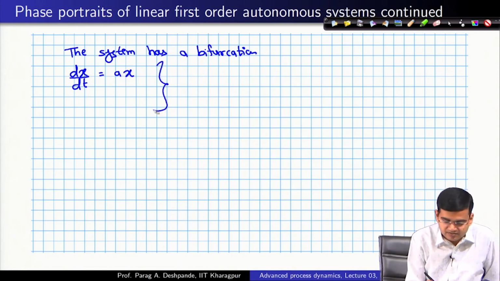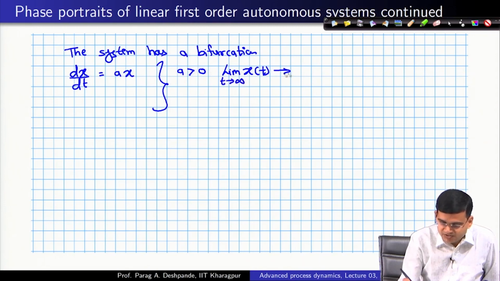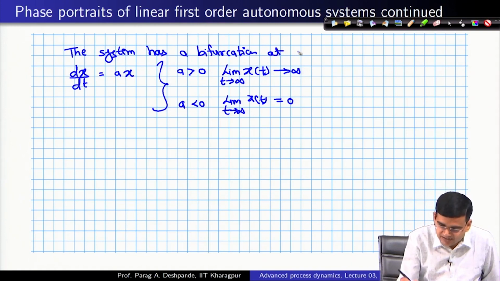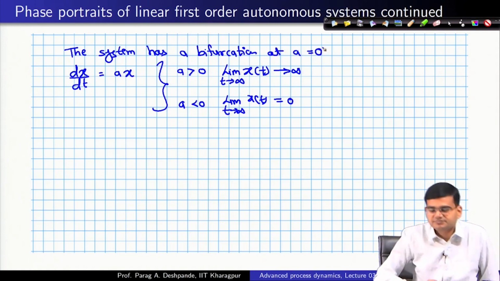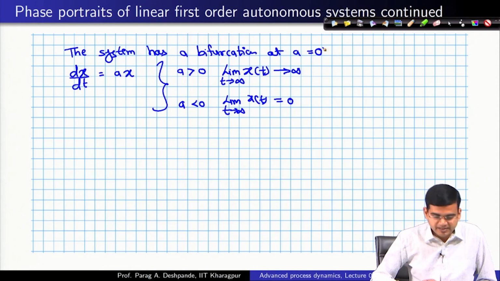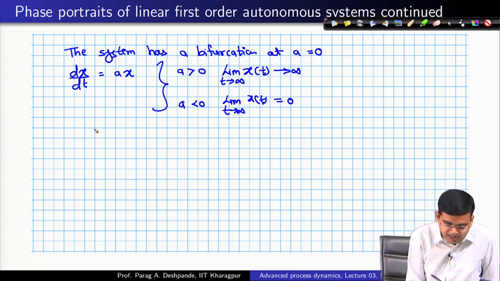For a greater than 0, the limit of x(t) as t tends to infinity is infinity, and for a less than 0, the limit as t tends to infinity of x(t) is in fact 0. So, therefore, the system has a bifurcation at a is equal to 0. The system has a bifurcation at a is equal to 0. Then we need to introduce a concept called equilibrium solution.